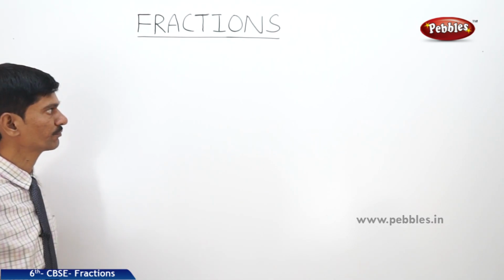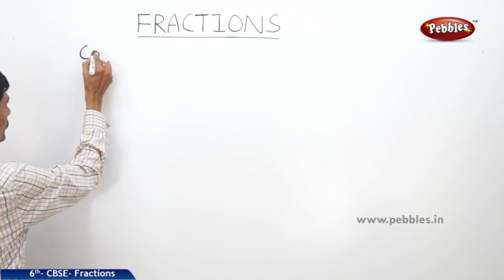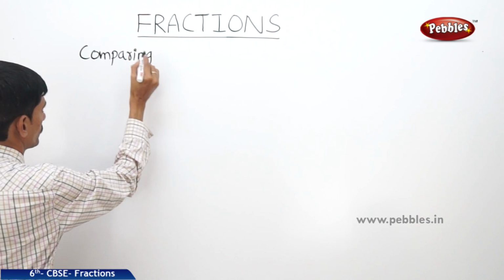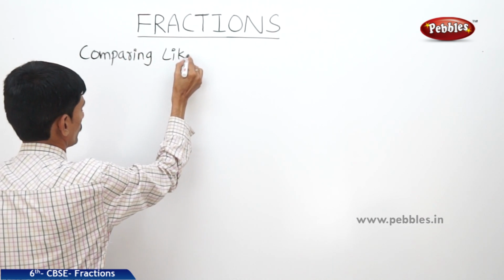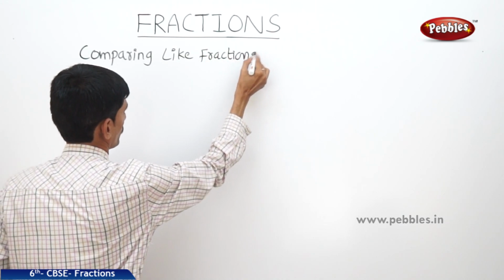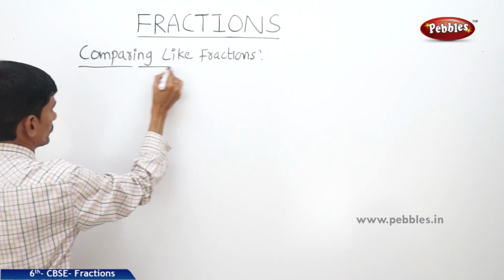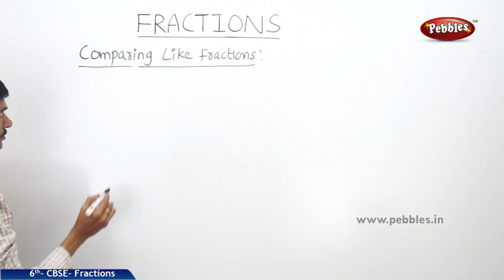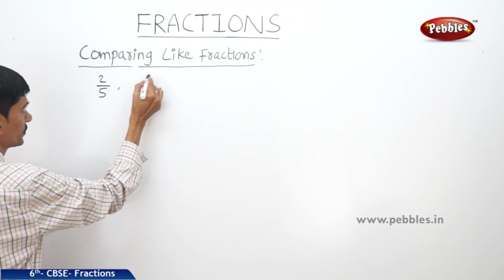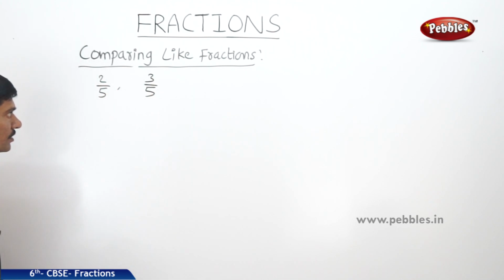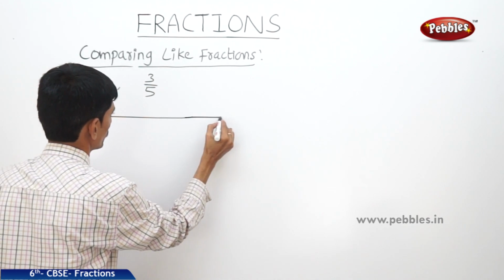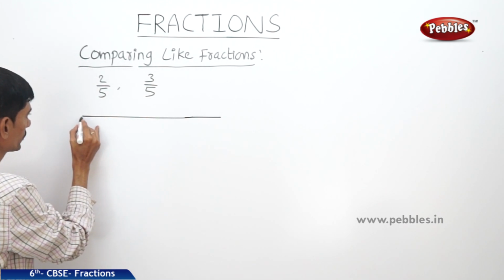Now comparing like fractions. Now let us take the two like fractions, 2/5 and 3/5. So let us take two rectangles which are divided into 5 equal parts.